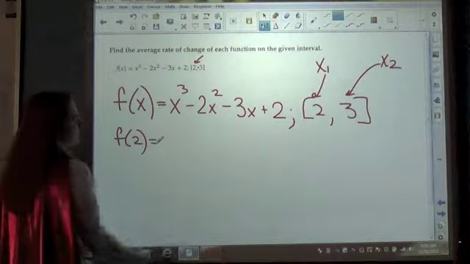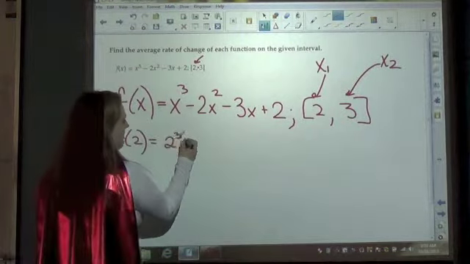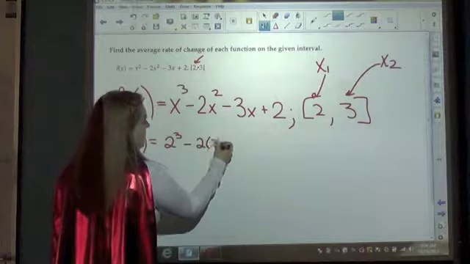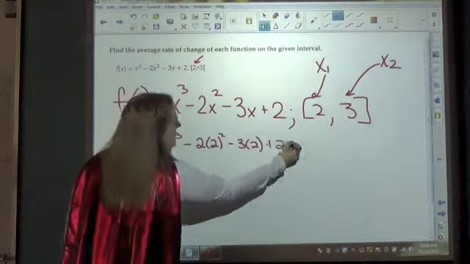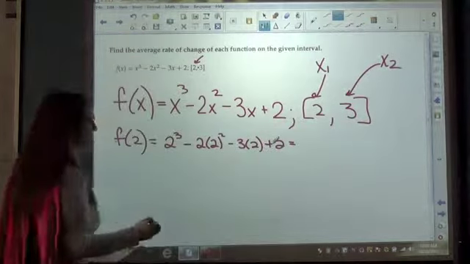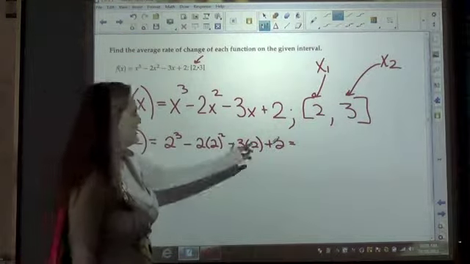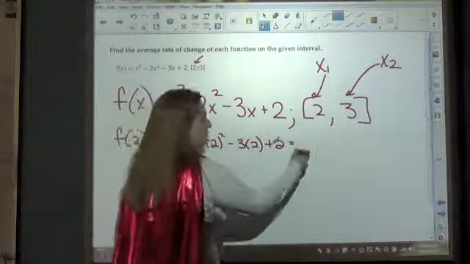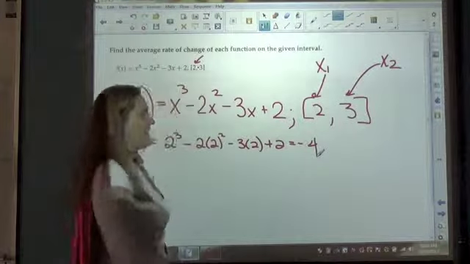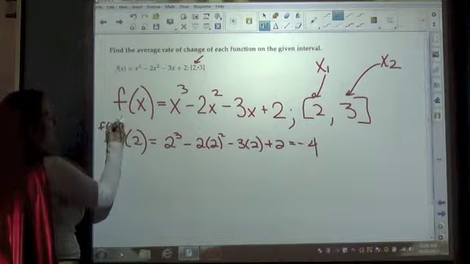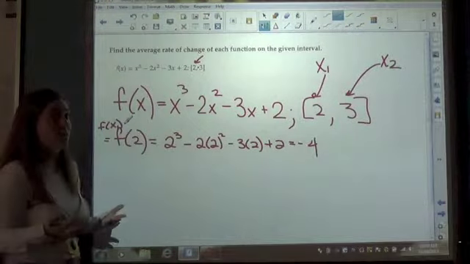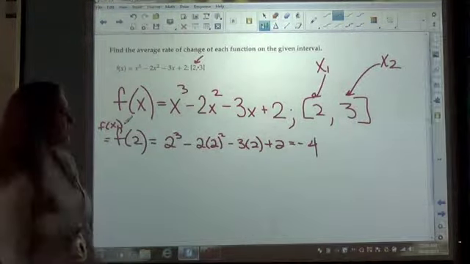That's the first one they give me. 2 to the third minus 2 squared minus 3 times 2 plus 2. That's 8 minus 8, negative 6, plus 2, negative 4. So my f of x1, or y1, is negative 4.